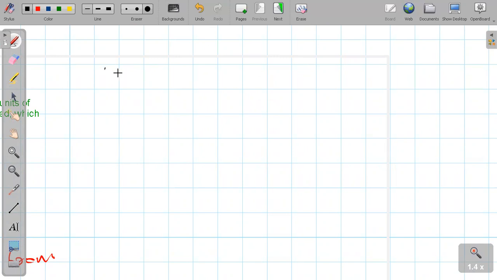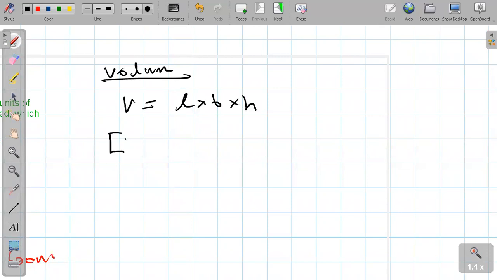Volume. For volume, in the same manner, I will only write the equation form. Volume is length into breadth into height. What I just need to do is find out the dimension. How do I say that? By putting a square bracket. So now find and tell me. I will give you 20 seconds. That's more than enough.